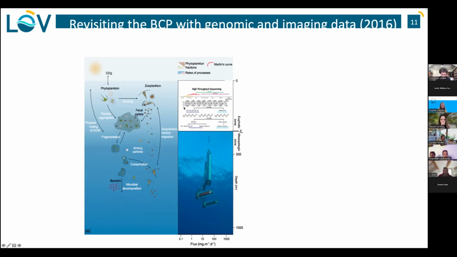So we did that by collecting the samples that were collected during the Tara Oceans expedition cruises, and then we analyzed the community to understand who was there, how the flux was potentially evolving depending on the community that was present, how the organisms were doing it, with what type of processes, and how much carbon was sequestered.